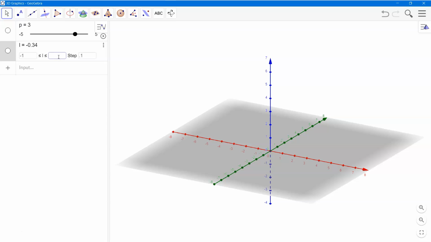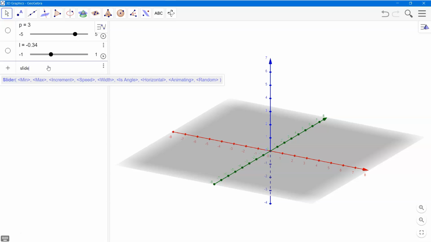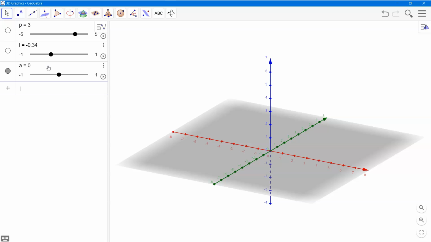Similarly m is equal to a slider from -1 to 1, and step is 0.1.